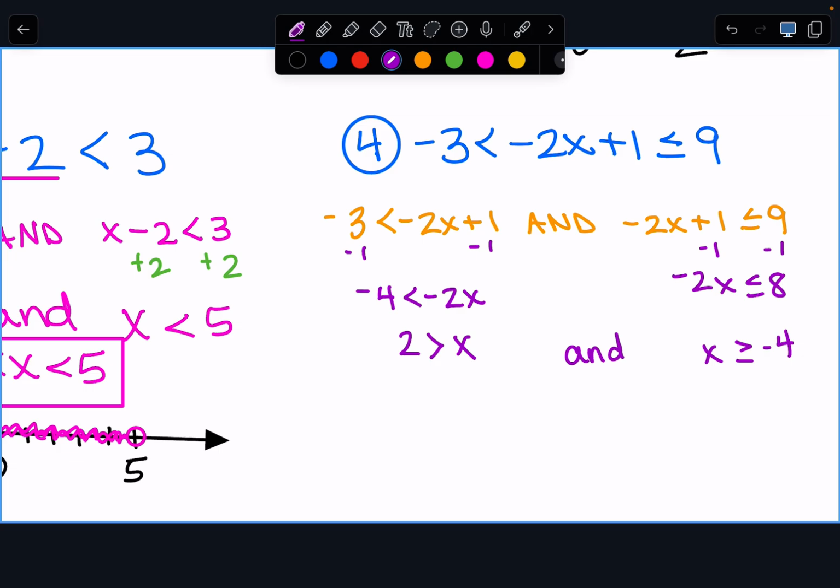Now, when I write inequalities that are compound with an and, I would definitely prefer them to be in number line order. So when I squish this back into the sandwich, I'm going to say x is less than 2 and greater than or equal to -4.